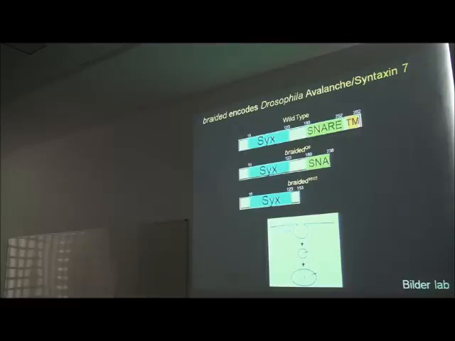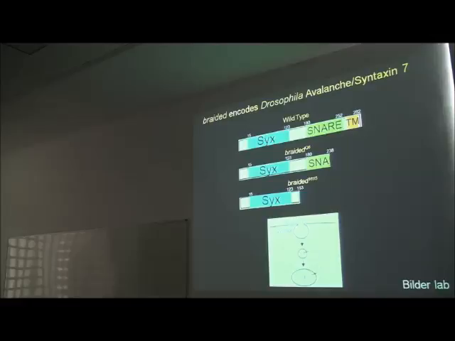The other thing I wanted to point out is that syntaxin 7 has previously been worked on by David Bilder's group, who also identified Rab5 and Vps45 as cooperating with syntaxin 7 in a Rab5-dependent early endosome pathway. And we see similar defects if we look at mutations in any of these components.